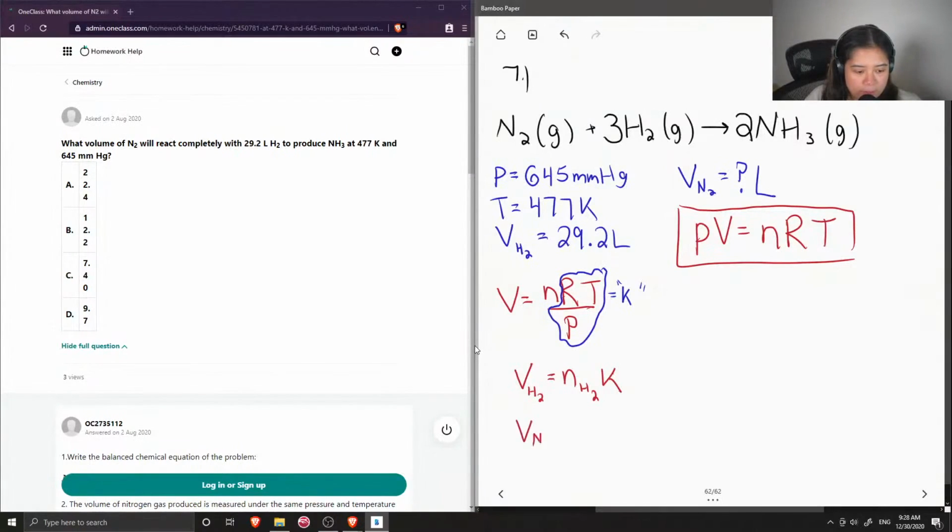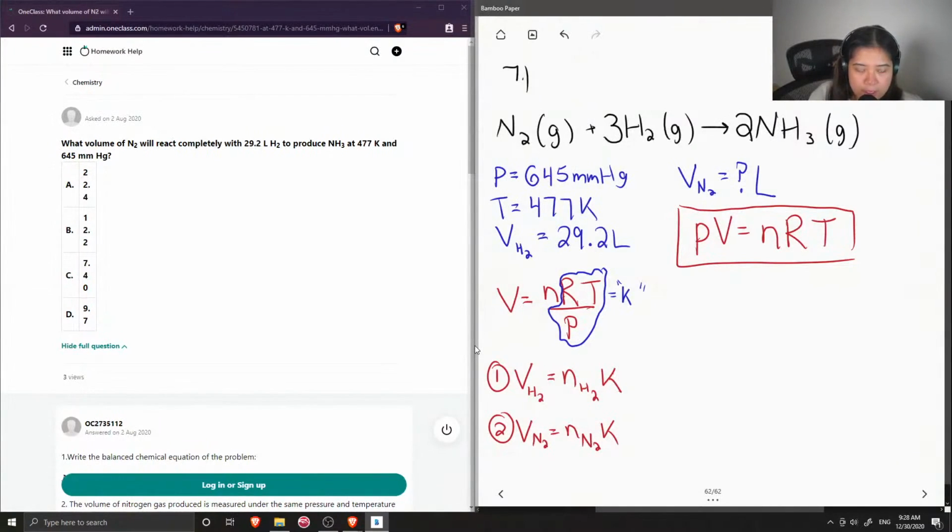The volume of nitrogen is equal to the number of moles of nitrogen times K. Okay, so if we make K equal to each other, so this is reaction 1, and then this is 2. So now we have 2 equations and 1 unknown.